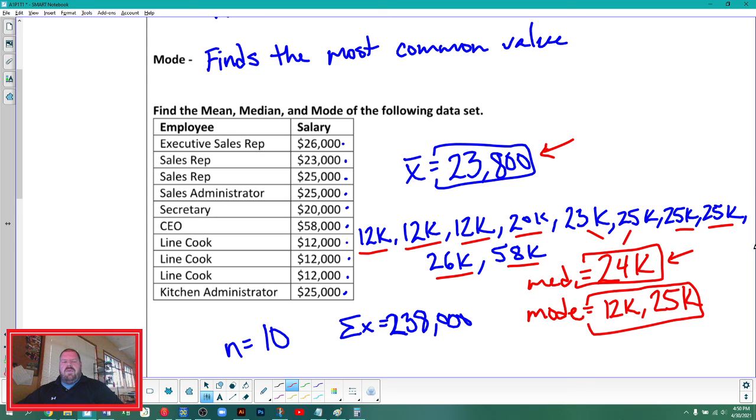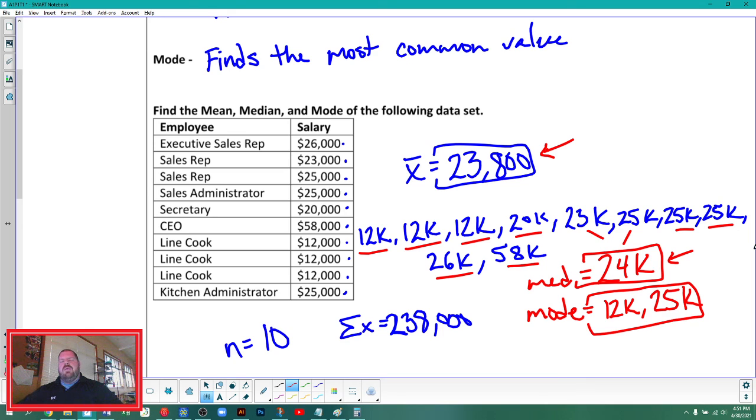So if you get a job here and you work as long as the people that are making these amounts, you can expect to probably make somewhere around $24,000 a year. Especially bringing in the mode a little bit, seeing that there's a lot of people, probably new people, at the line cook position and even the secretary position that make a little bit less.